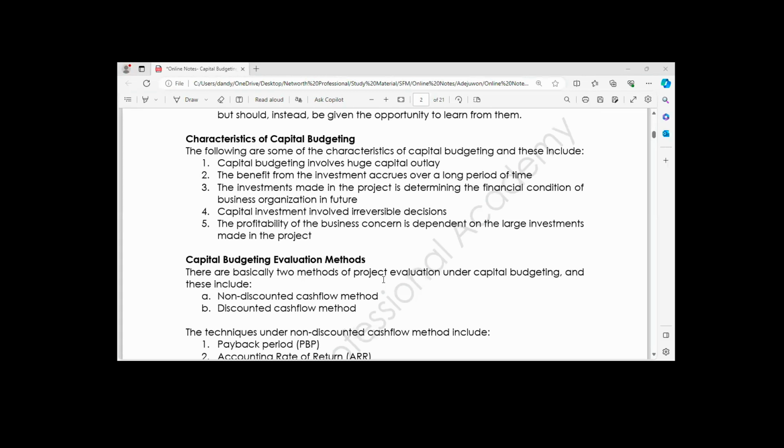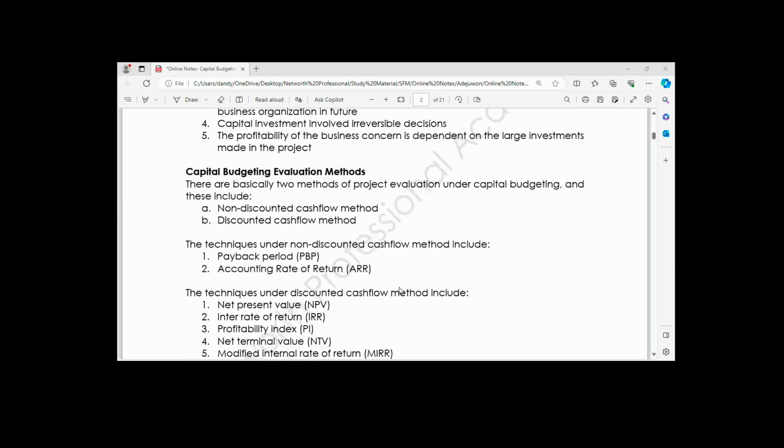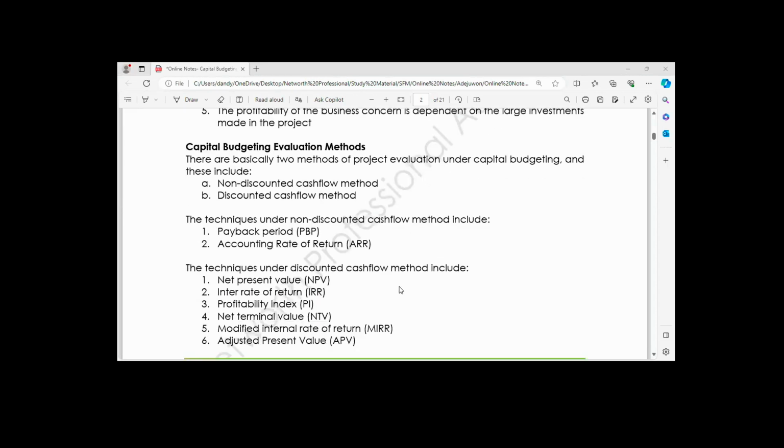The techniques under the non-discounted cash flow method include one, payback period, two, accounting rate of return. So those are the two methods under the non-discounted cash flow method.